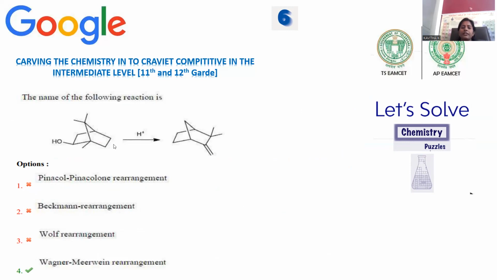The entire rearrangement is carried out under acidic conditions, and the presence of OH is required in order to make the carbocation more facile. So the Wagner-Meerwein rearrangement is a reaction moving toward conversion of alcohol into alkene in the Bornene system under acidic conditions. For question number 6, option number 4 will be the correct answer.